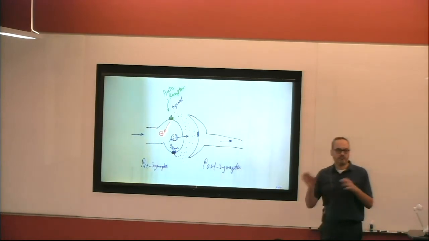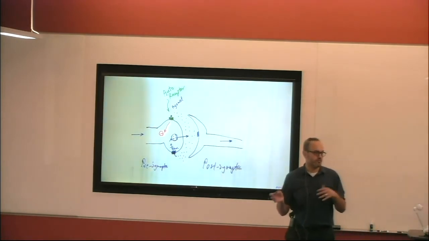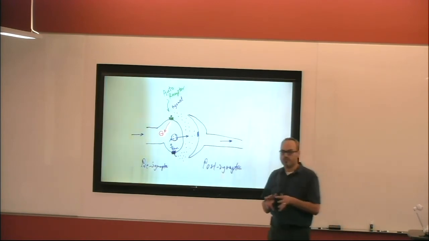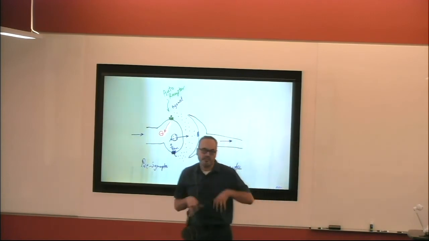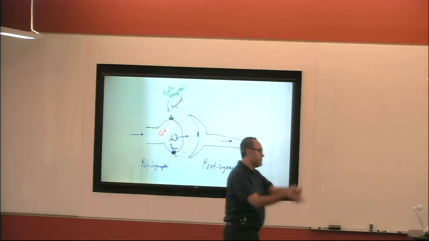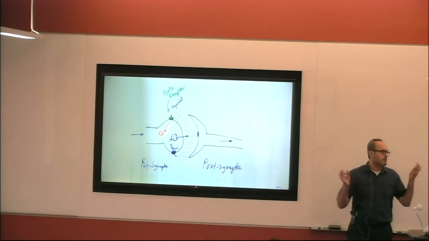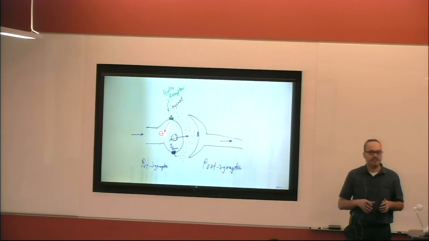So this is what normally happens: too much of these neurotransmitters, then they go back to the protein transporter that reuptakes these neurotransmitters back into the neuron presynaptically, stores them in vesicles, and then releases them again.